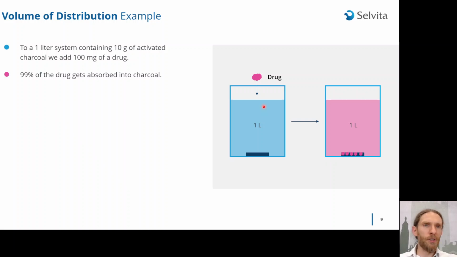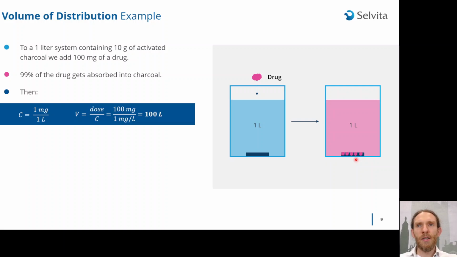After stirring for a little while, 99% of the drug will be absorbed into charcoal, which means that the final concentration after distribution is complete will be equal to 1 milligram per 1 liter. So the volume of distribution in this case will be 100 milligrams divided by 1, which is 100 liters.